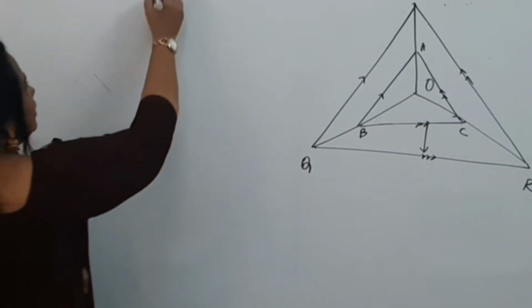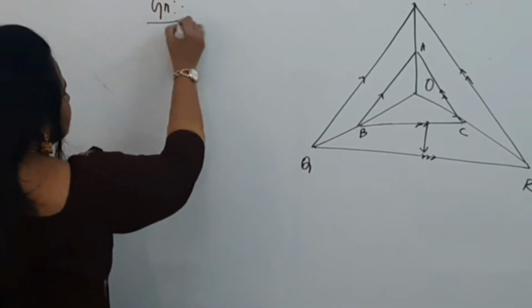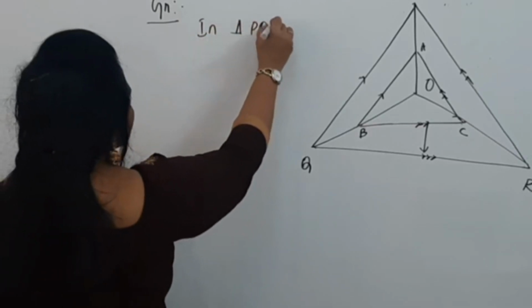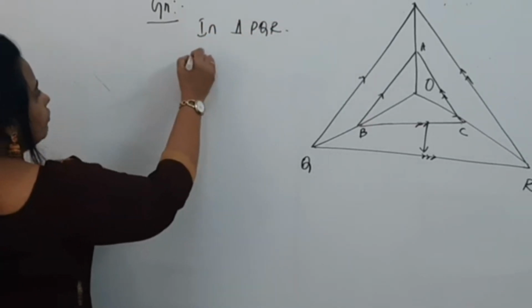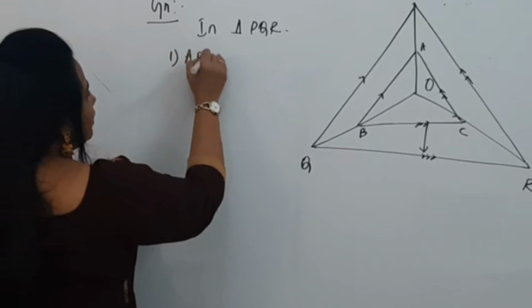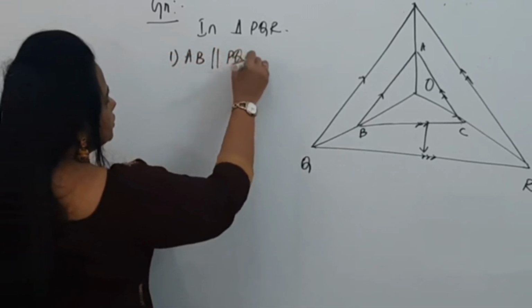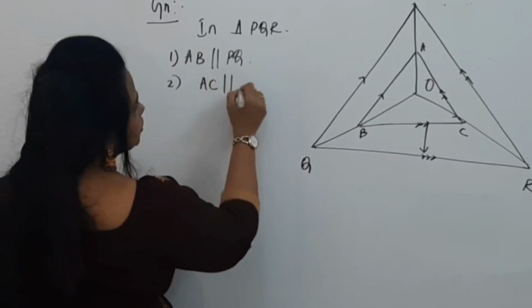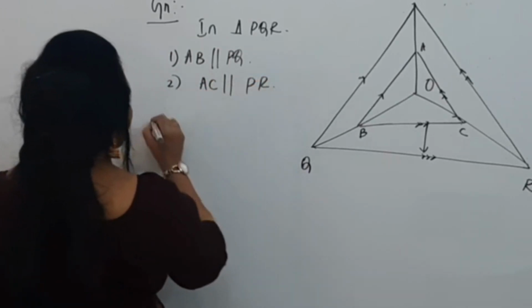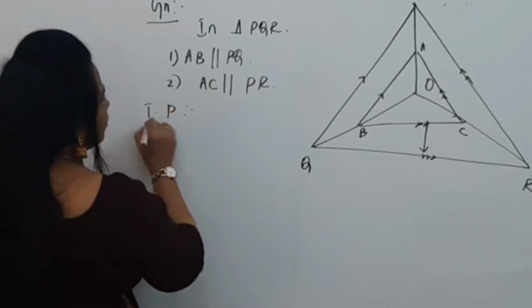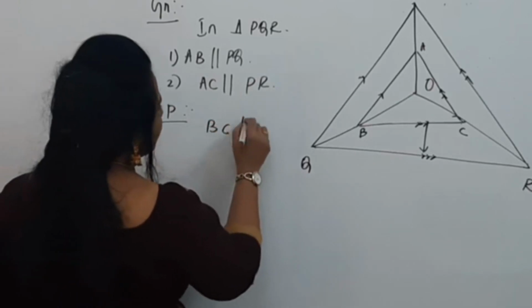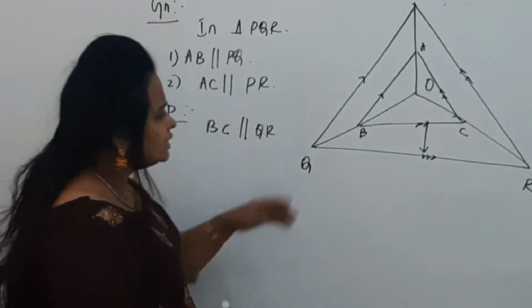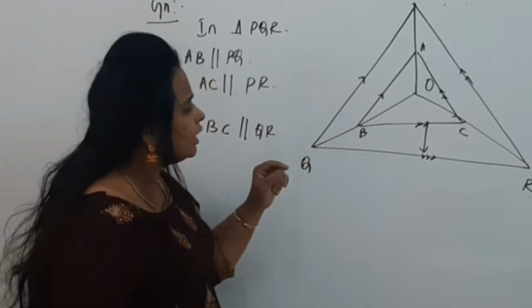I have to prove this one, that is these two are parallel. Now what is given? Given is in triangle PQR, first point AB parallel to PQ, and second point AC parallel to PR. I have to prove BC parallel to QR. Means what? BC parallel to QR means what I have to prove?